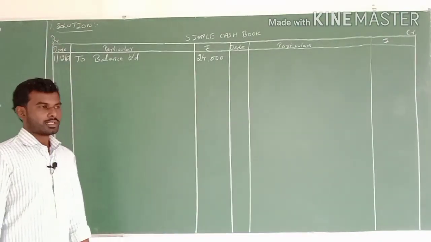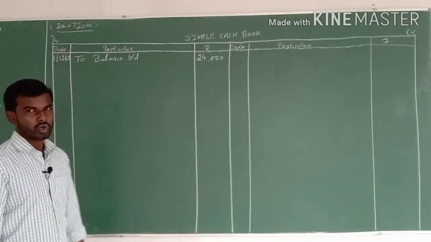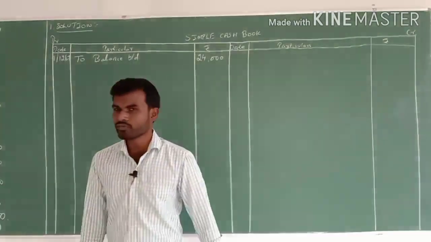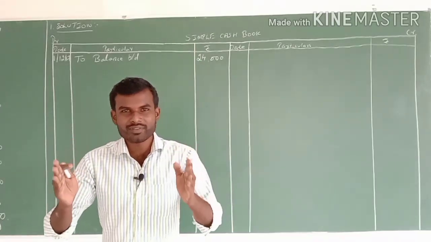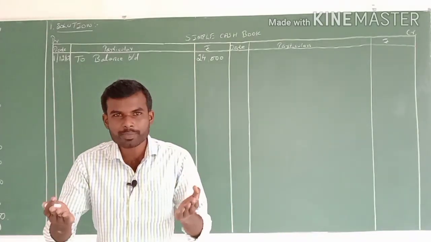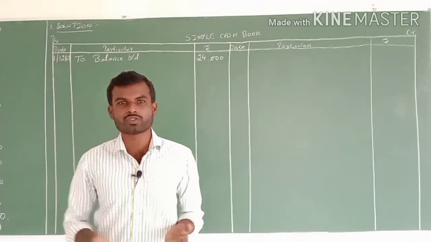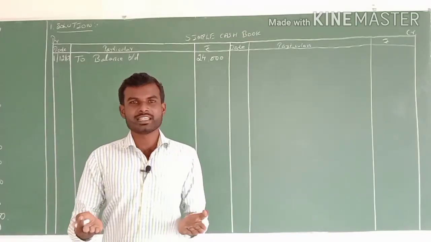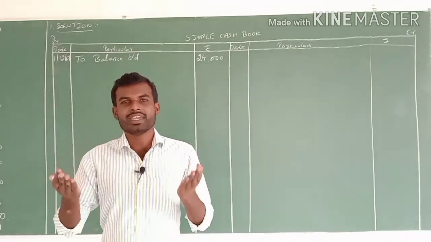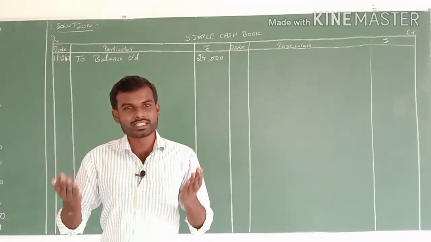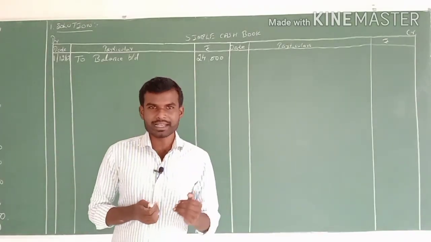How much is the balance at the beginning of the month? 24,000. The next date given is December 4th, cash received from Vishnu, rupees 6,000. When we receive cash from a person, it increases our cash balance, so it is a receipt. Debit increases an asset, in this case cash. So it should be recorded under the debit side.